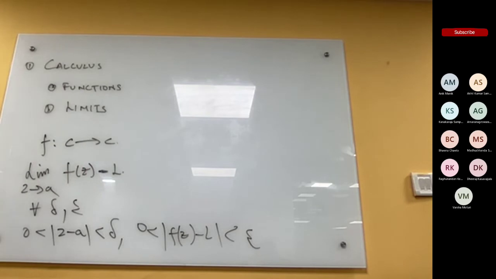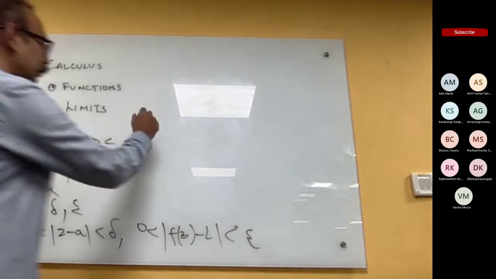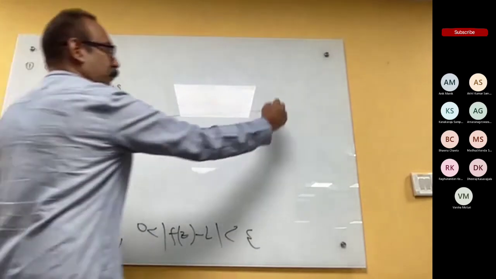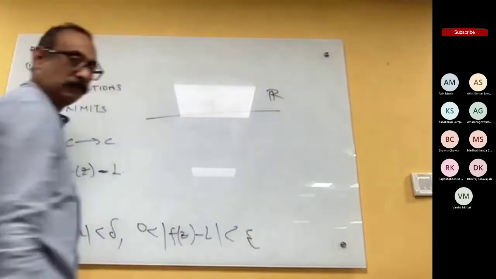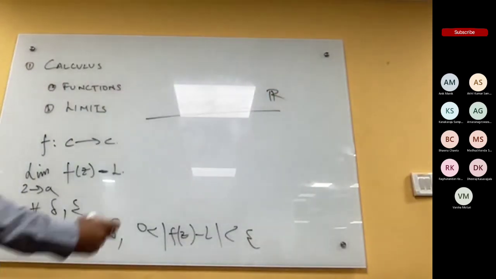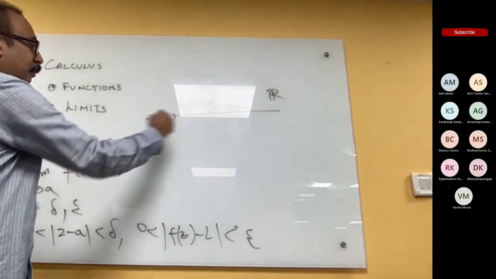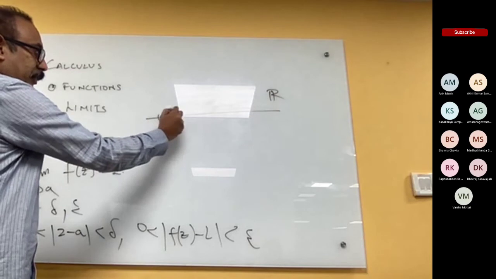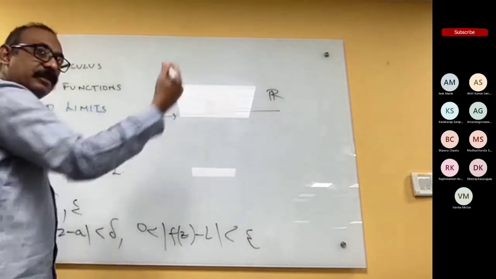Again, this is same as real. Real also you will do the same thing. But what is the difference? In real numbers you have an interval, right? R, and then you talk about intervals, as x is between this and this, function of x is between this and this, right?